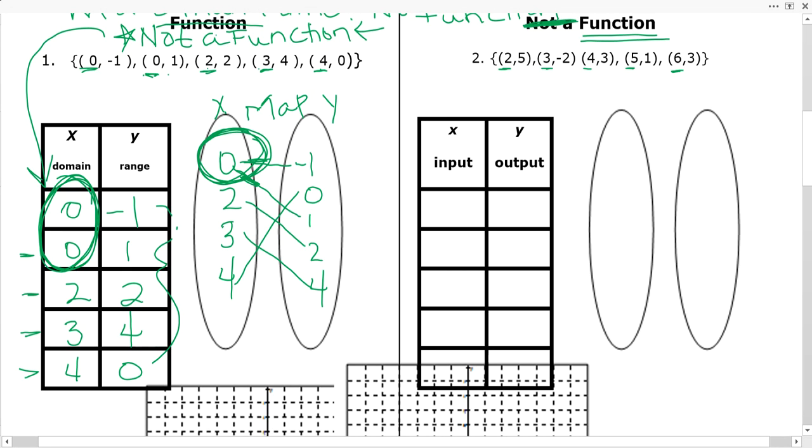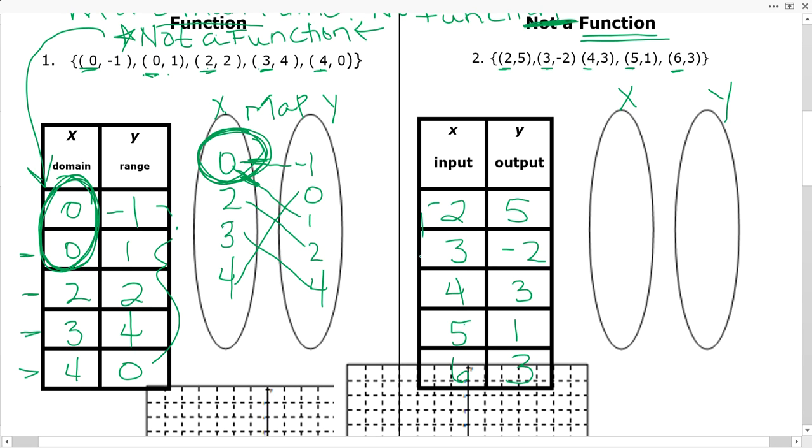Okay, let's do our one that is a function. So our table, our t-chart's going to look like 2, 5, 3, -2, 4, 3, 5, 1, and 6, 3. And our map is still going to have our x values and our y values.